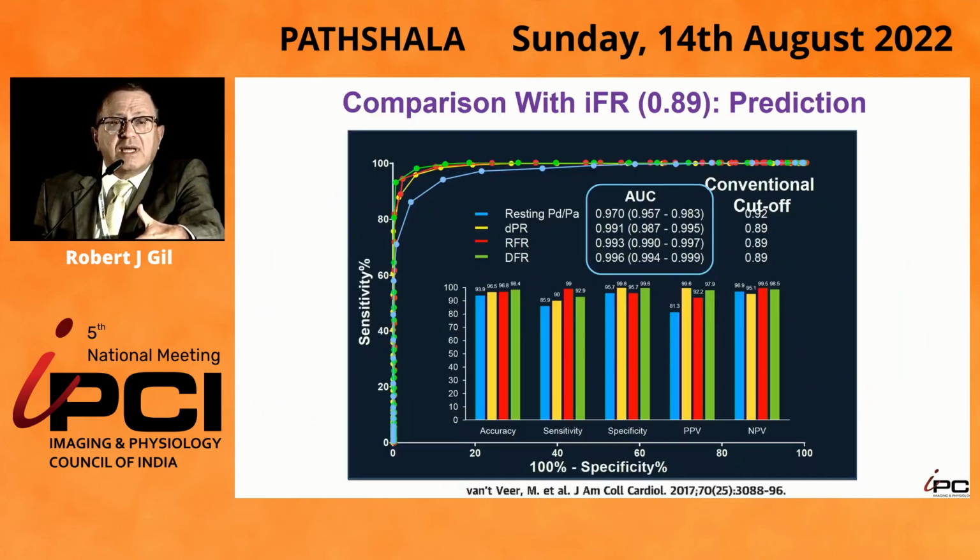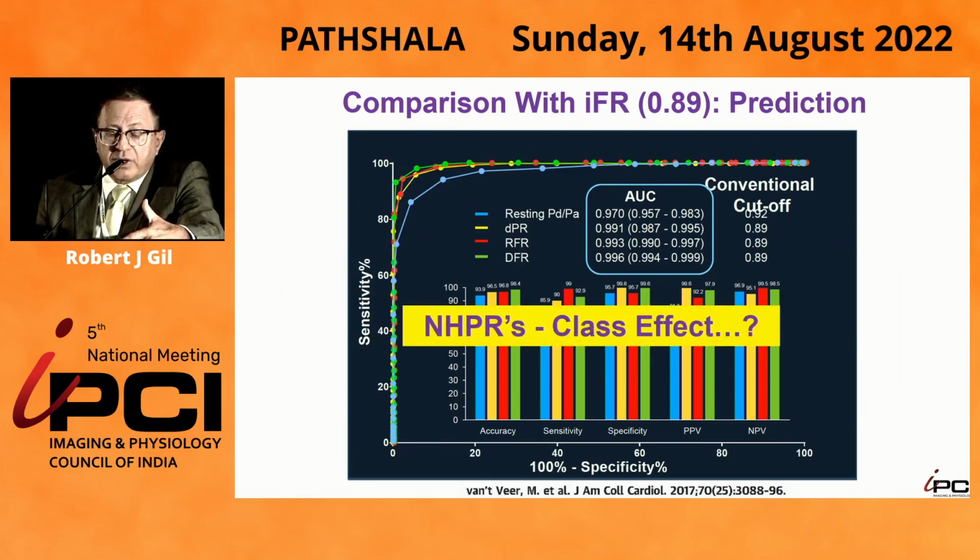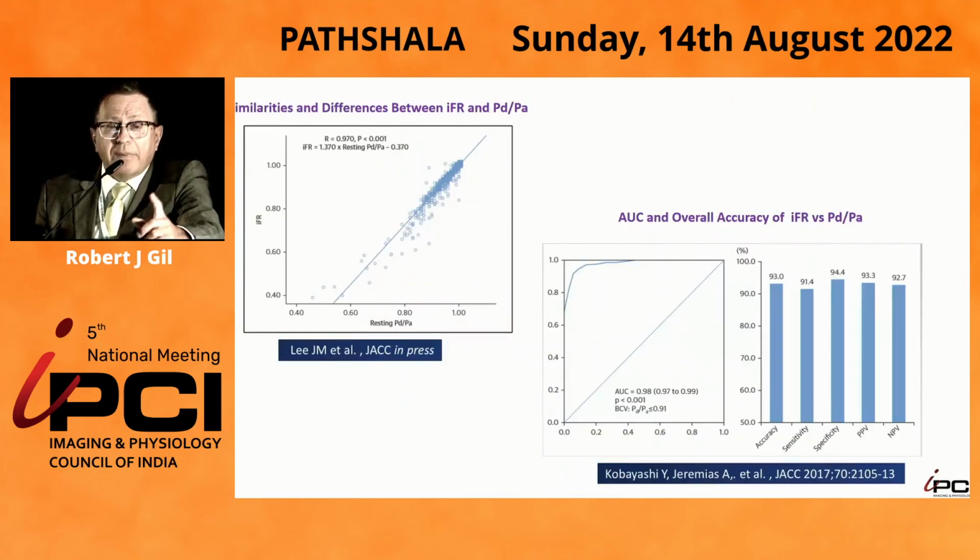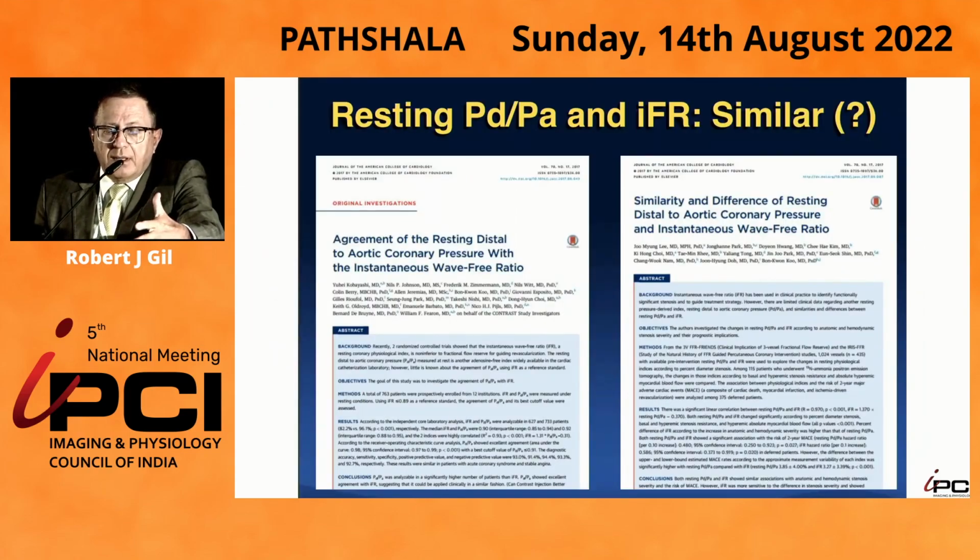We know this slide very well. The paper of Van't Veer showed us that probably all of these parameters are very similar. We can think about a class effect of these parameters, but don't forget about the good old Pd/Pa index, because it also correlates very well with iFR, so we can use it clinically.